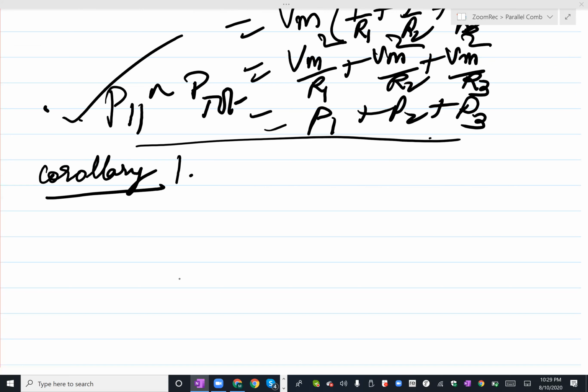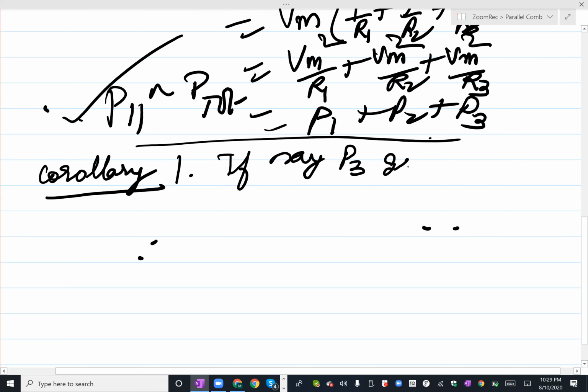Corollary 1 says, if say P3 is the greatest power, then P parallel will be greater than the P greatest. That's what you should remember.